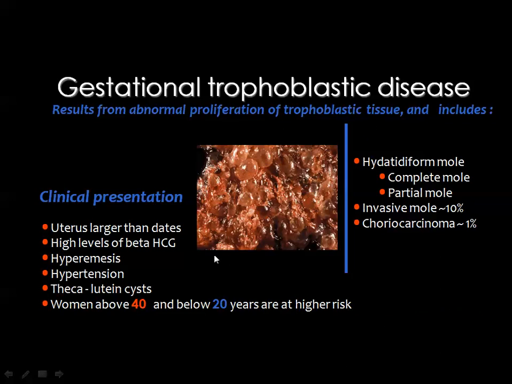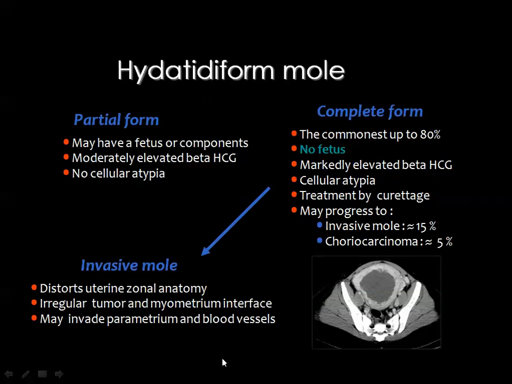The clinical presentation will be enlargement of the uterus and no menstruation, high levels of human chorionic gonadotrophin, hyperemesis, and hypertension, and both ovaries being overstimulated will show multiple sizable bilateral cystic lesions. And this is the story of the trophoblastic disease.